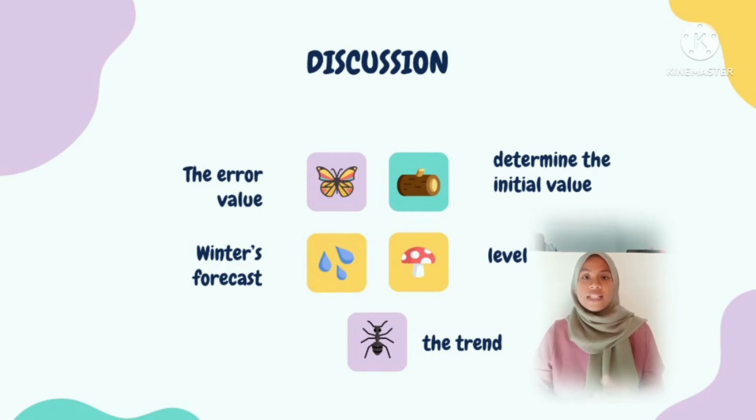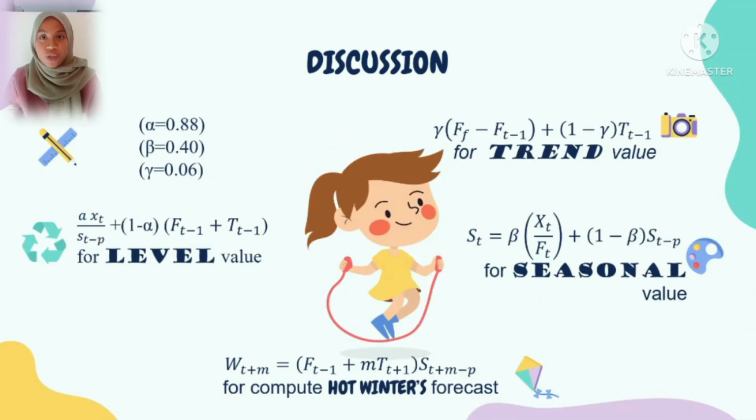Next, the Winters forecast is the sum of the level and trend value with the corresponding seasonal value. Smoothing constant alpha equal to 0.88, smoothing constant for seasonality beta equal to 0.40, and smoothing constant for trend estimation gamma equal to 0.06 were used in the equations for the Holt-Winters method.